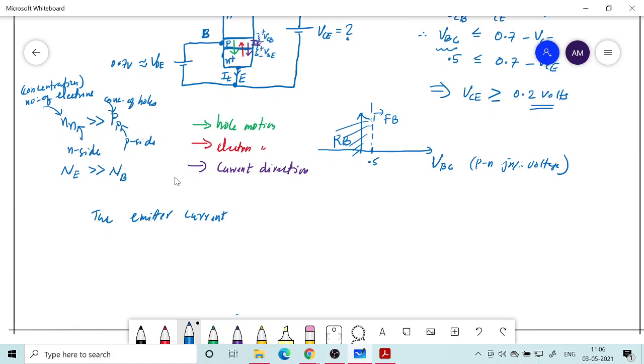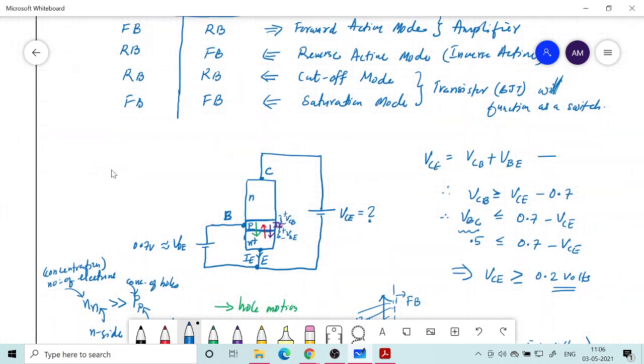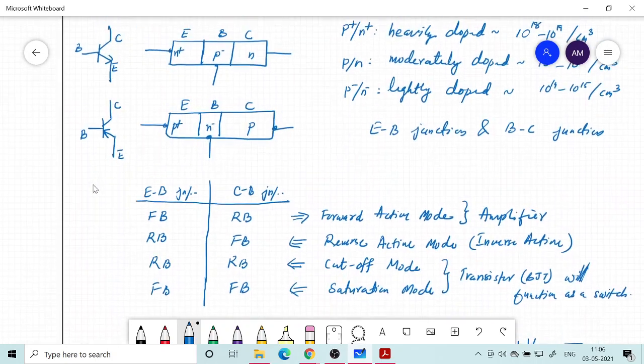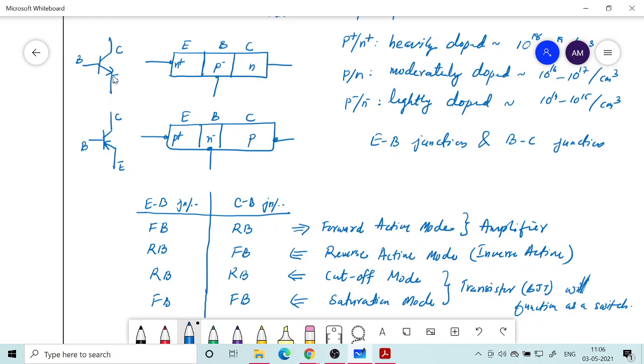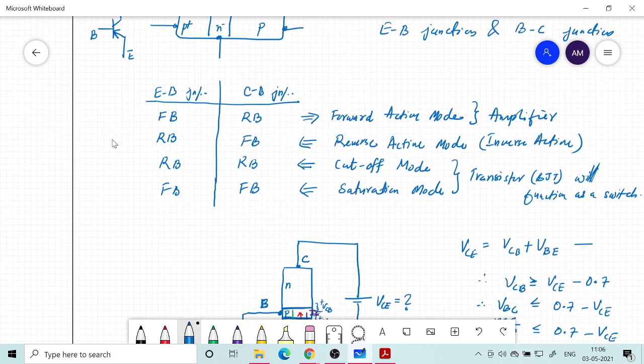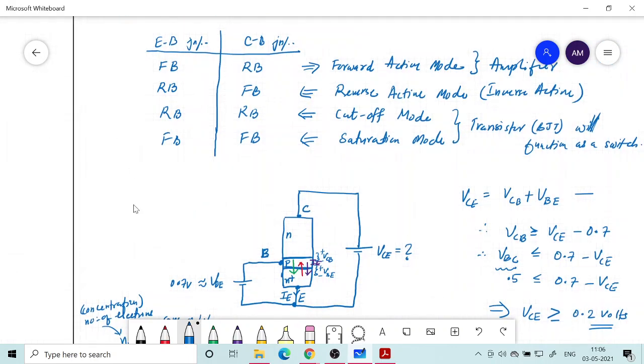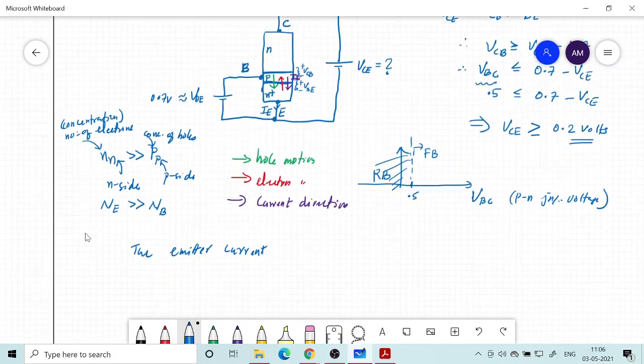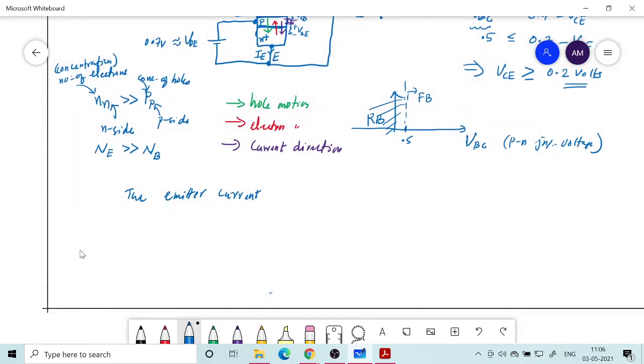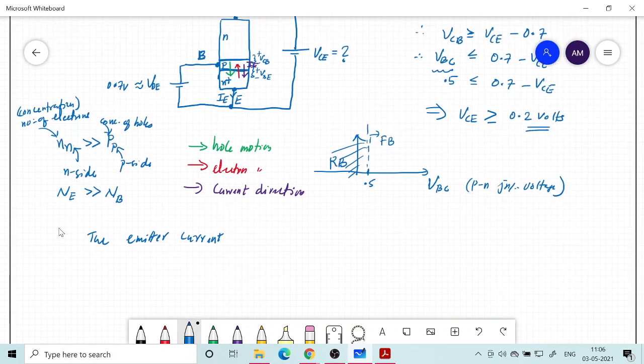This is your IE. It will come out, and the symbol of the transistor also matches the direction of the emitter current. For NPN, the arrow comes out of the emitter terminal; for PNP, the arrow goes into the terminal. That shows the direction of the emitter current.